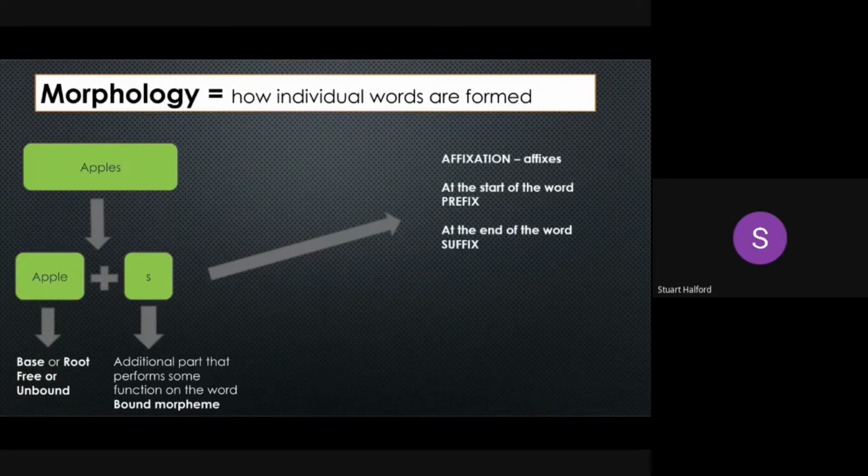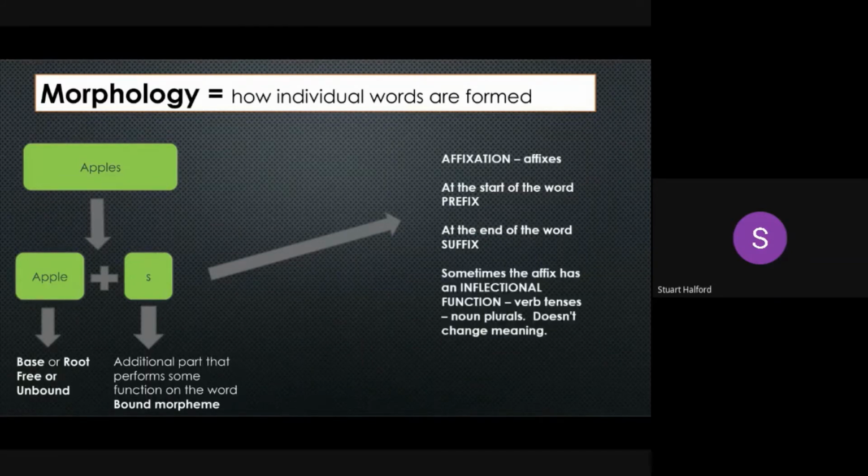And then we can place them at the end of the words, in which case it's called a suffix. Sometimes the affix has an inflectional function, in which case pluralizing nouns, creating verb tenses. It doesn't really change the meaning of the word.